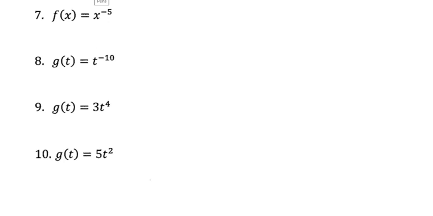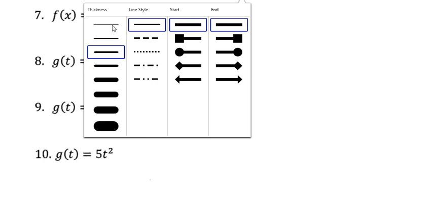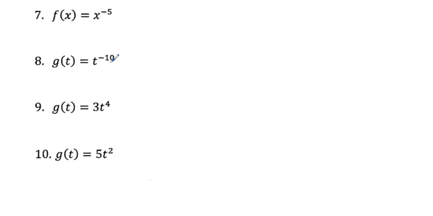So here, problem 8, we have g of t equals t to the negative 10th power. And so g prime of t is equal to, we take this t to the negative 10th power and multiply out front by negative 10 by the exponent.